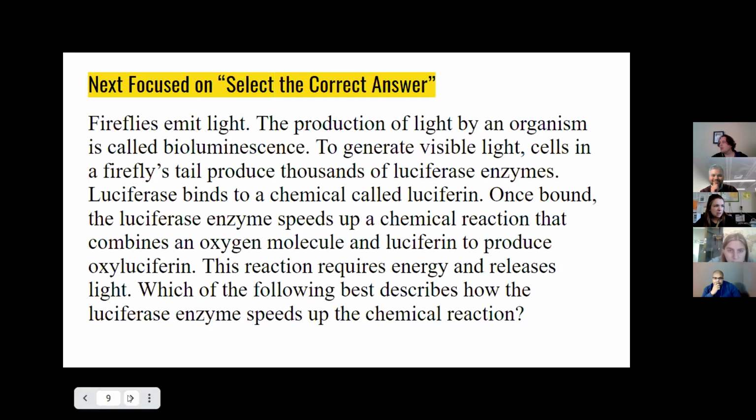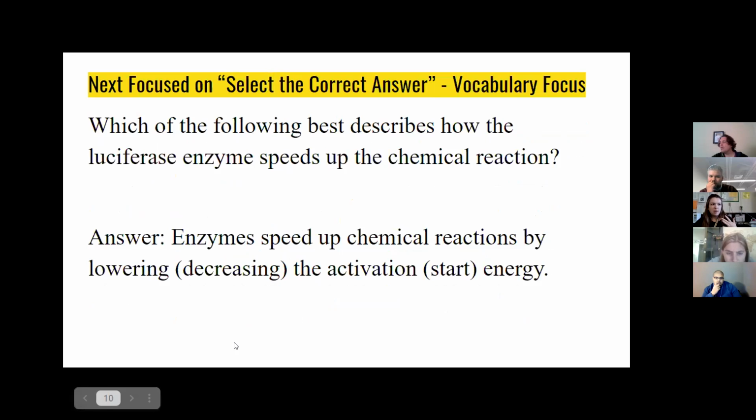The next thing I had students do was focus on the step of selecting the correct answer. This is a previous STAR question that we used. The question at the very bottom: which of the following best describes how enzymes speed up a chemical reaction? I had students build their answer and then focus on synonyms.